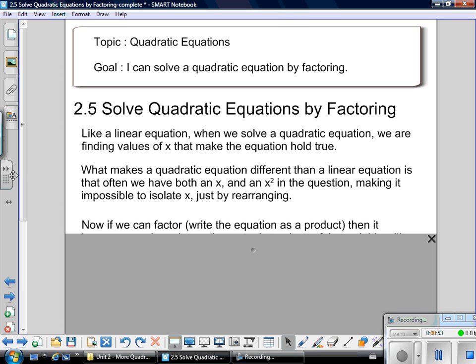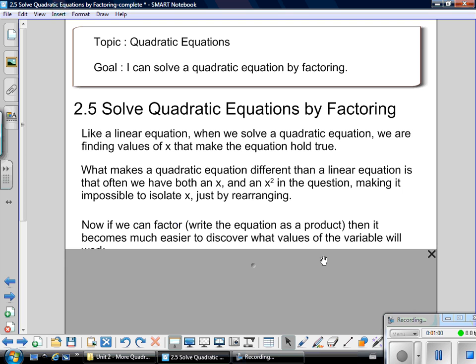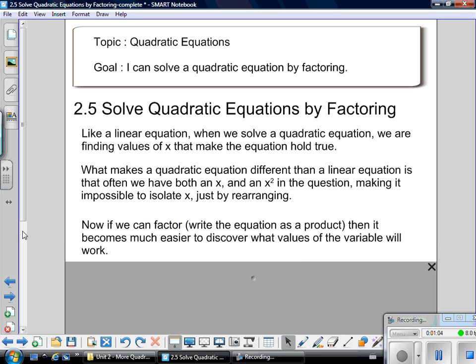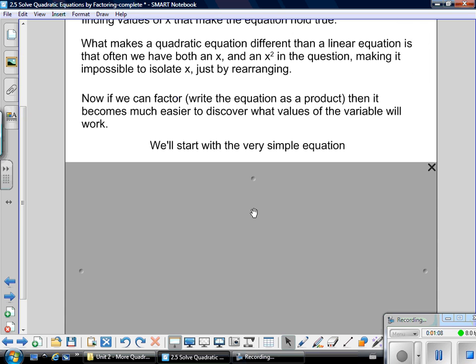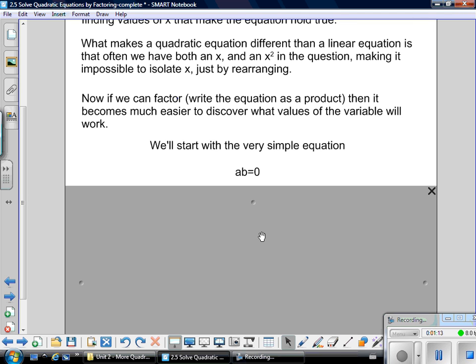Now if we can factor, in other words write the equation as a product, then it becomes much easier to discover what values of the variable will work. We'll start with a very simple equation: a times b equals 0.